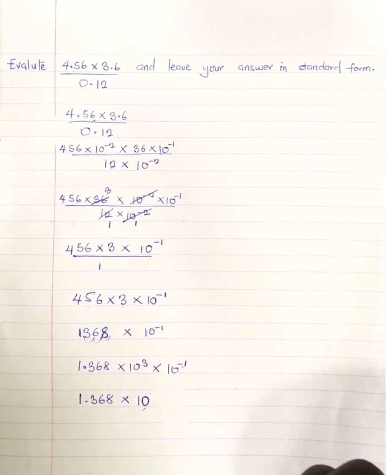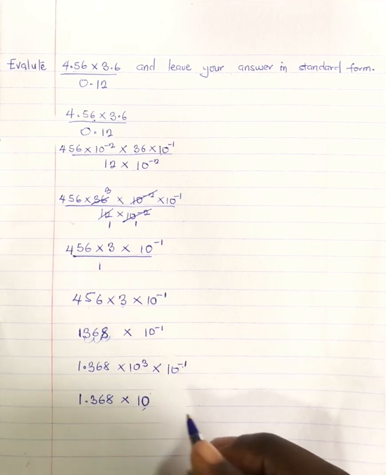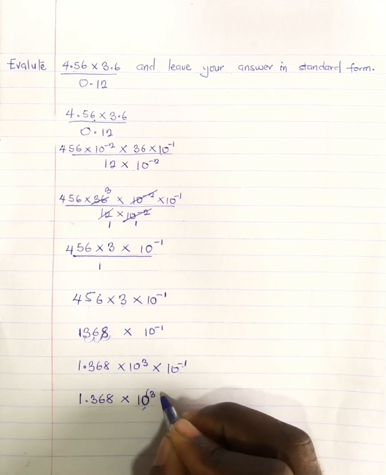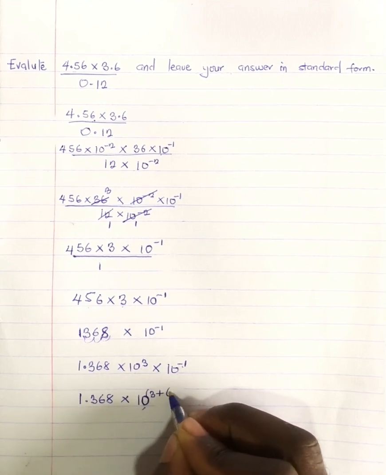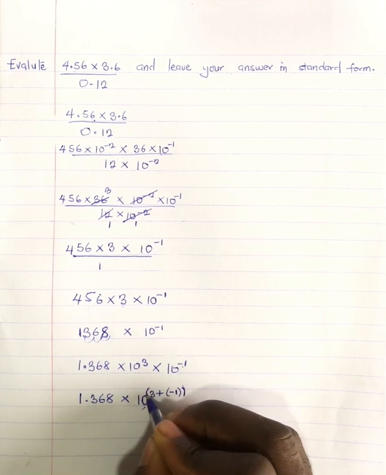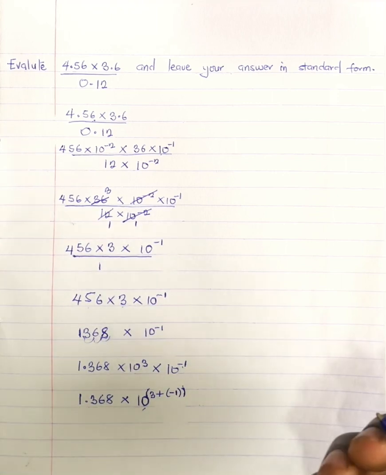In my next video, I will brief much about law of indices. So we have 3 adding -1. Okay. Now it is advisable to put negative numbers in brackets to avoid confusion.